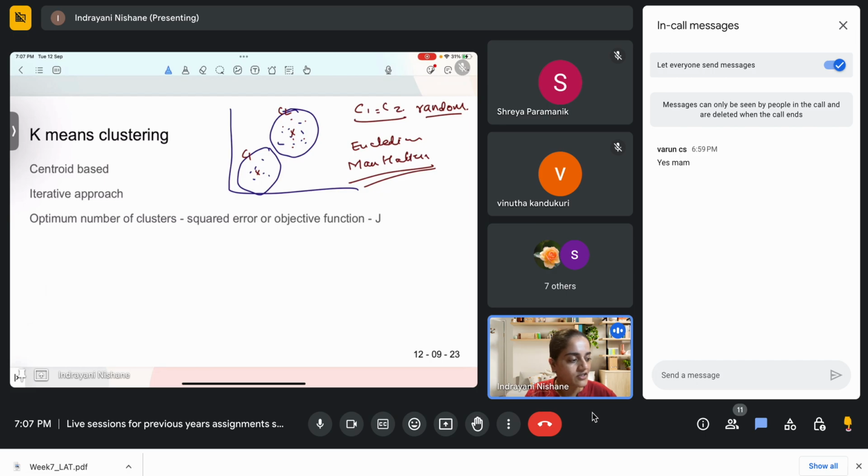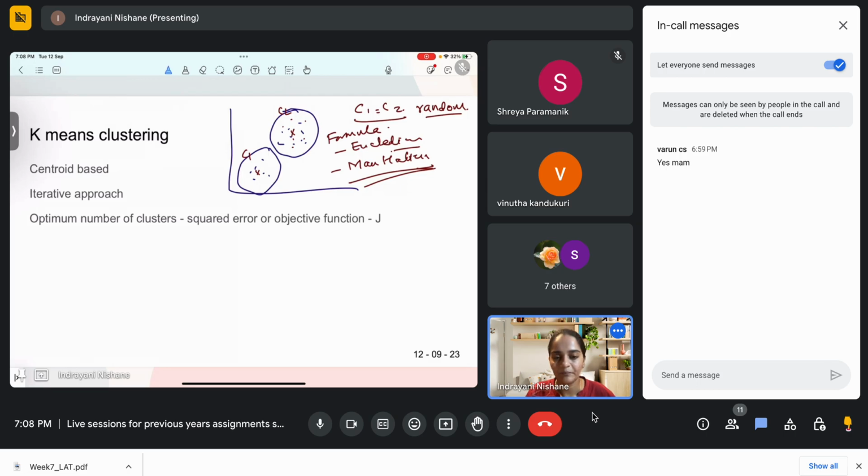We have to use that same distance calculation method for all the iterations. This formula will be given most of the times during the exam also, so don't worry, don't memorize this, but this is for your understanding that you have to fix upon whatever distance formula you are using.